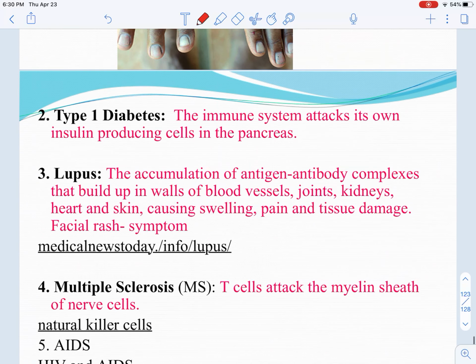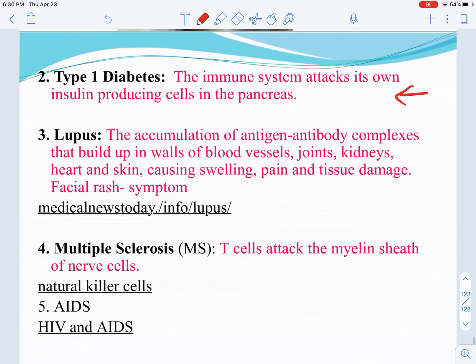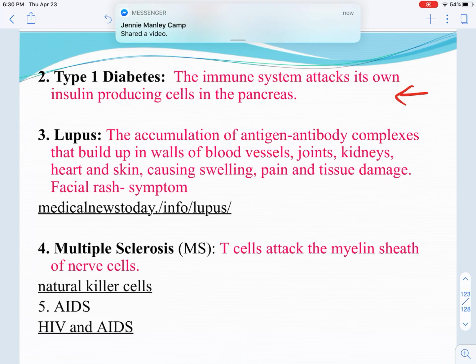And it's a painful thing. Overactive immune system is generally the cause. Diabetes could be because of your immune system attacking the cells that make insulin. That's one of the possible causes.